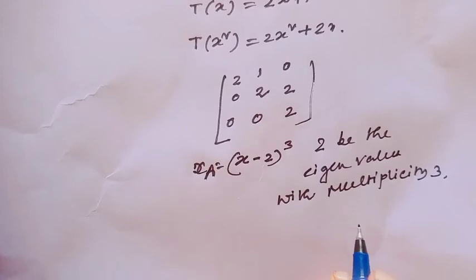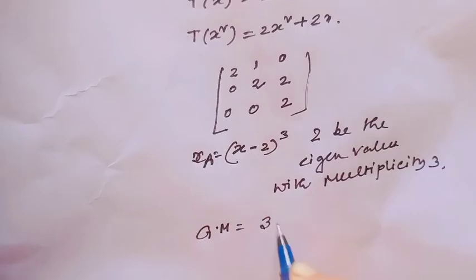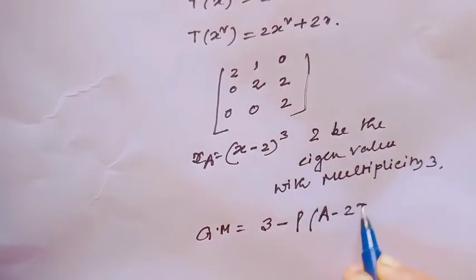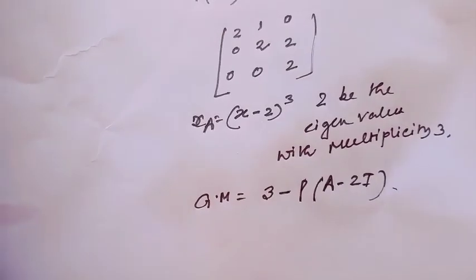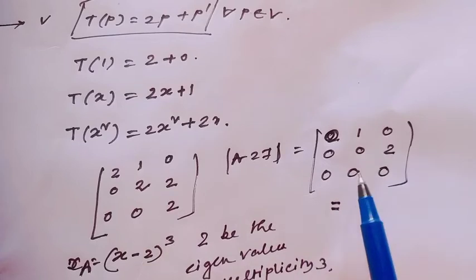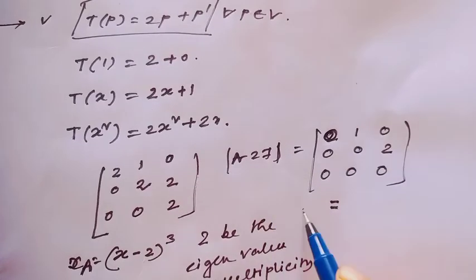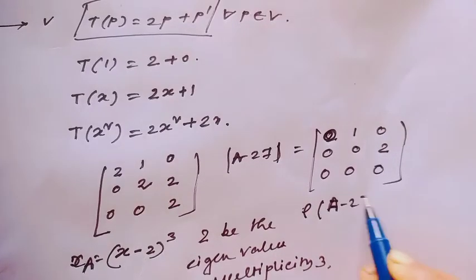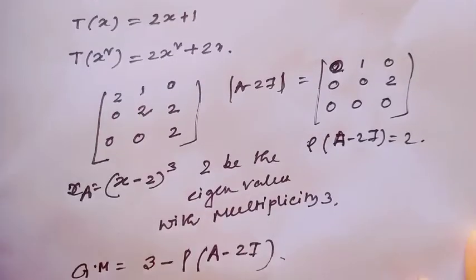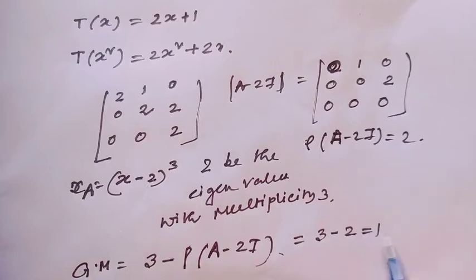Notice here the geometric multiplicity would be, we all of us know, 3 minus rank of A minus 2I, and A minus 2I would be this matrix, and notice rank of A minus 2I would be obviously 2. Therefore, geometric multiplicity would be 3 minus 2, which is equal to 1.